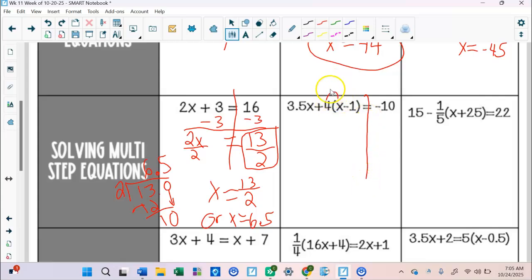Okay, I got to distribute. Four times negative 1, negative 4. Okay, combine like terms. Don't eliminate off the same side.